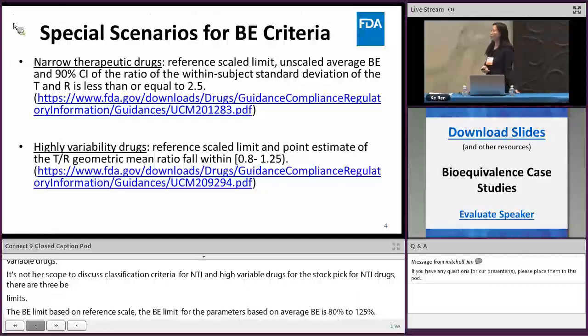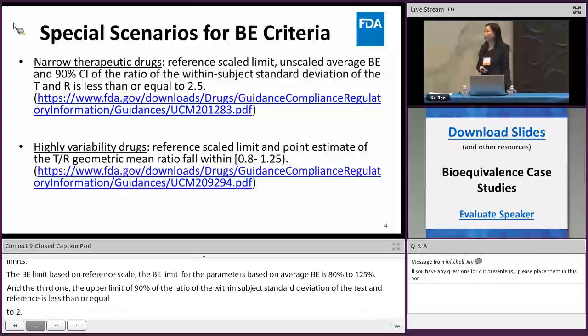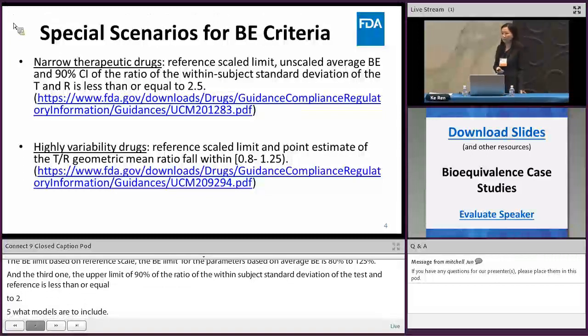The agency also chose warfarin tablets as a model drug to include a stepwise procedure in the product-specific guidance. For highly variable drugs, there are 2 BE limits. One is the reference-scaled limit.